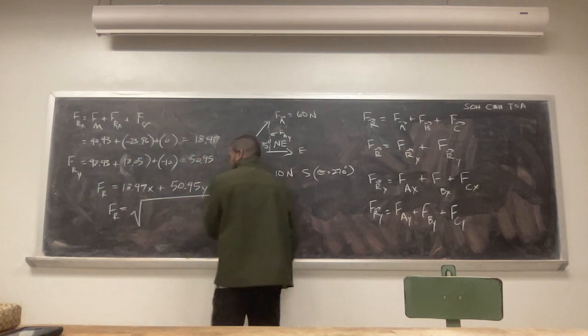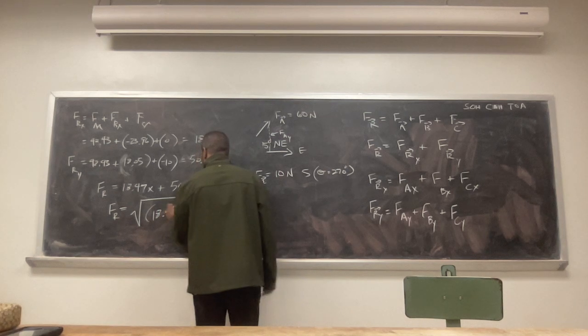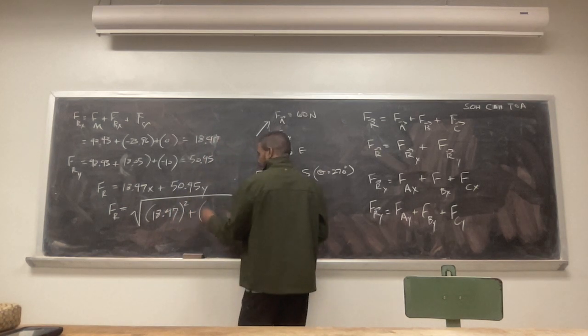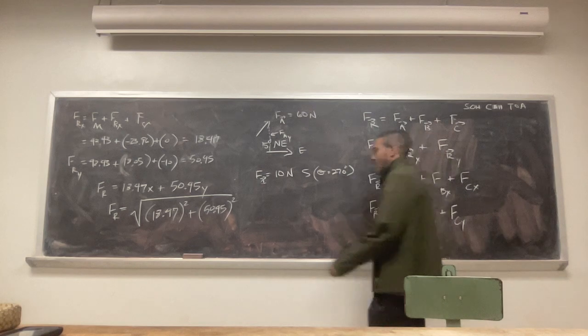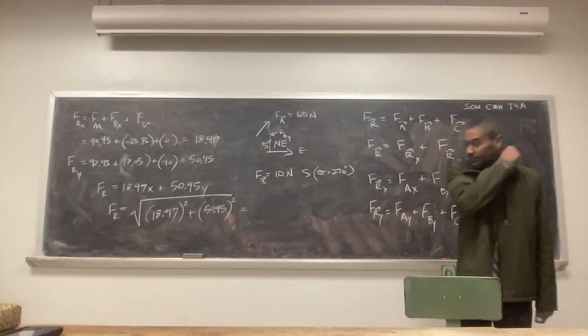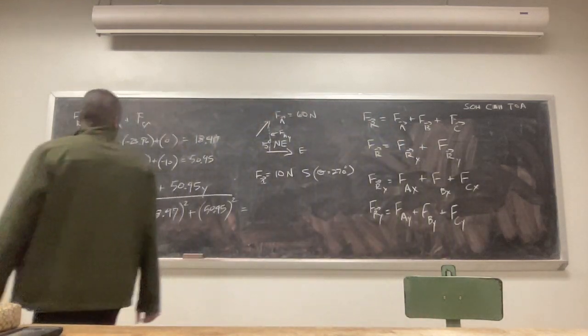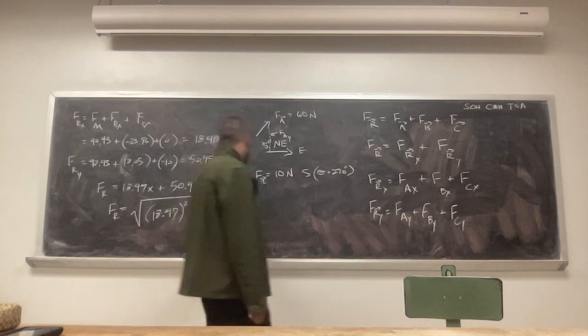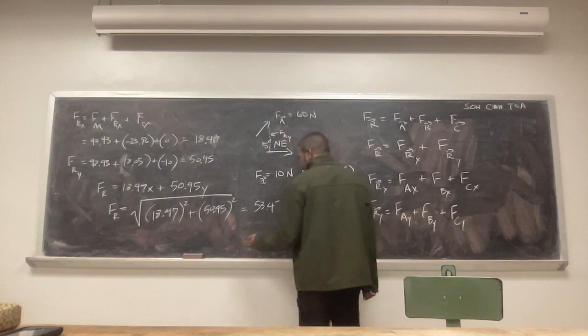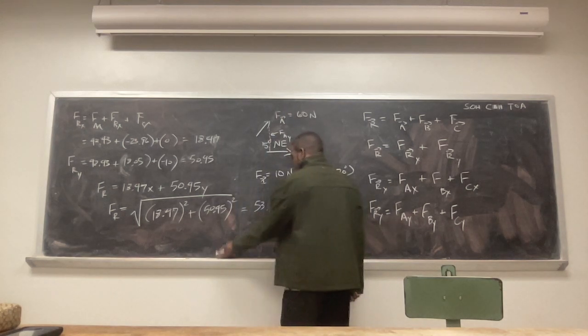So 18.47 squared plus 50.45 squared. I got 53.7. About the same thing. 53.7.